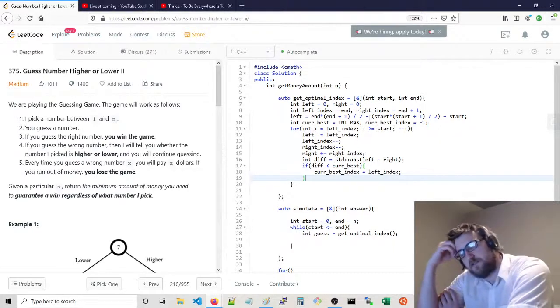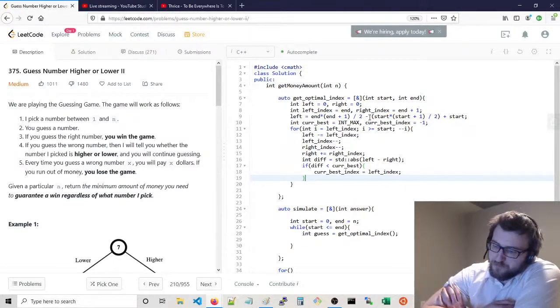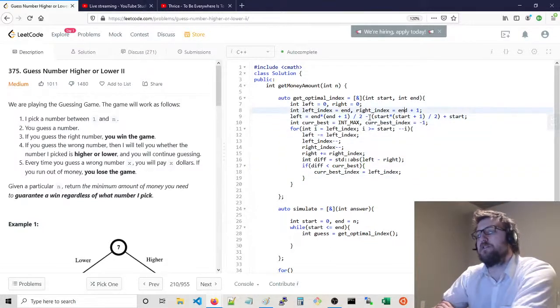Actually, here's the other thing too. I don't know if it matters which one you guess on, the left side or the right side. No, it doesn't. That's where the split's going to be, but which element do you guess? Actually, doing it wrong. You're going to miss an element at the end, so it's incorrect.